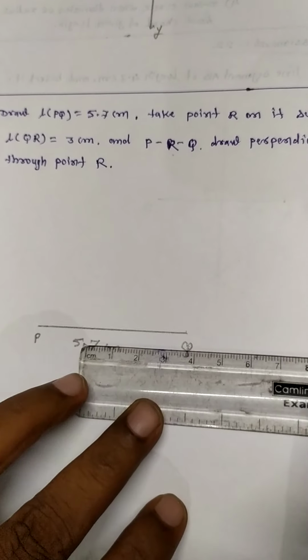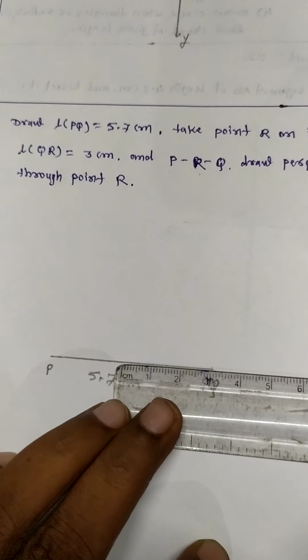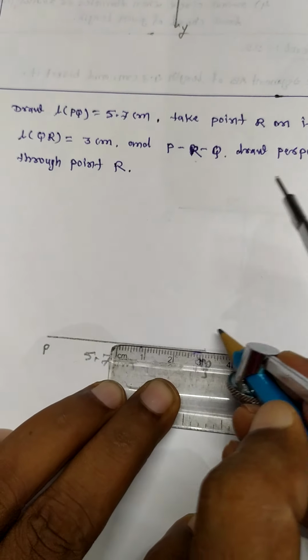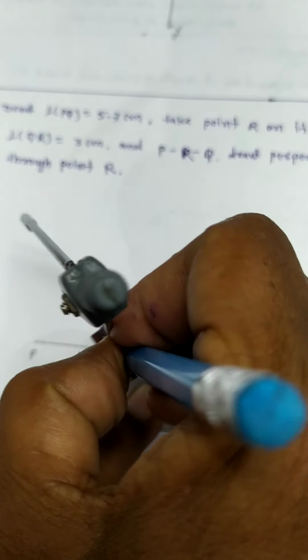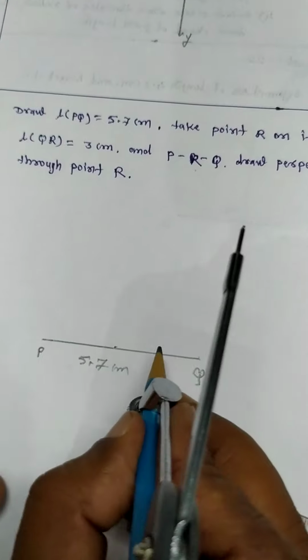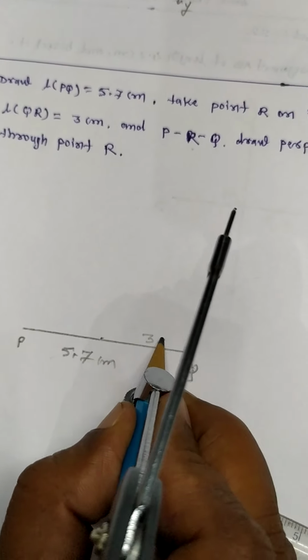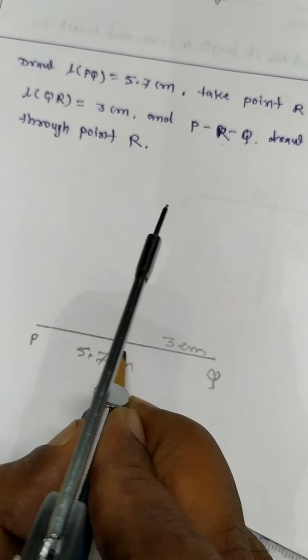So I measure it with the scale, that is 3 centimeter. I take this 3 centimeter. Now I have to give it the name R.